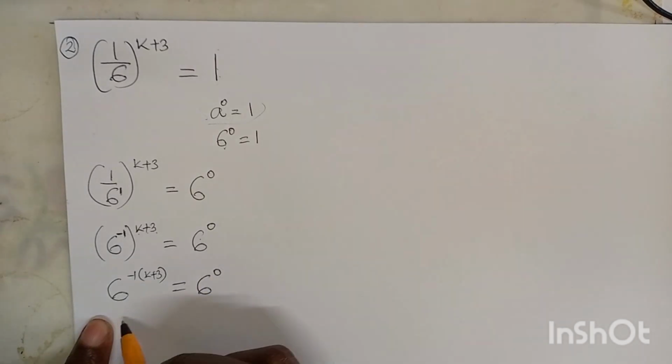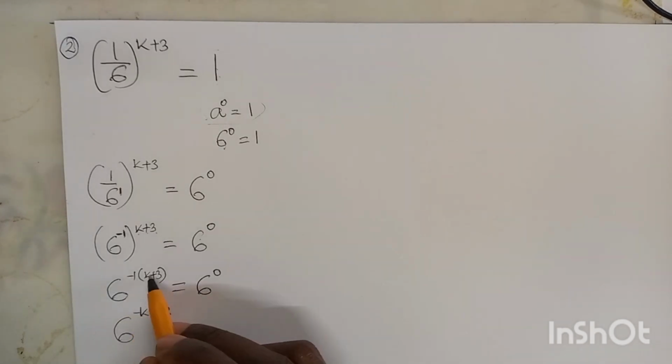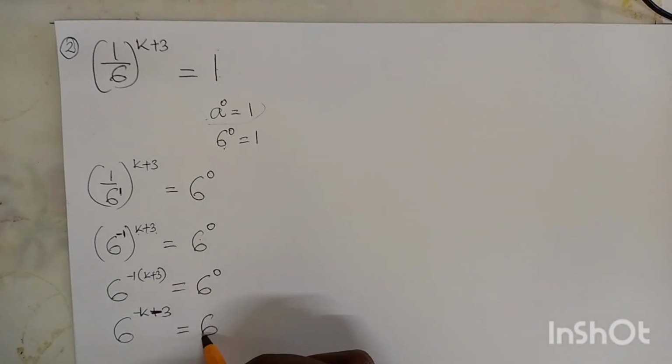In that case, you can also say this is 6 power negative k minus 3. So this is negative k, then this one is minus 3, shall be equal to 6 power 0. Now we can consider only the indices.